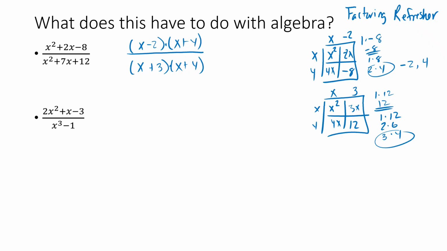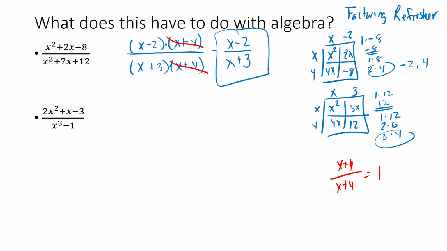They are factoring as an entire factor. So x plus 4 divided by x plus 4 is 1. And that's why they are canceling. That's why they're disappearing. And so our simplified rational expression is x minus 2 over x plus 3.